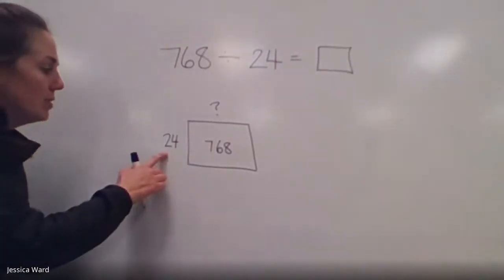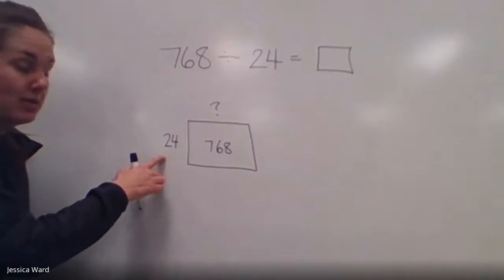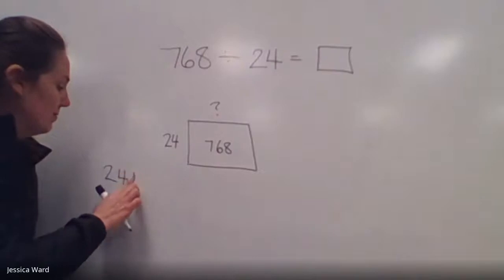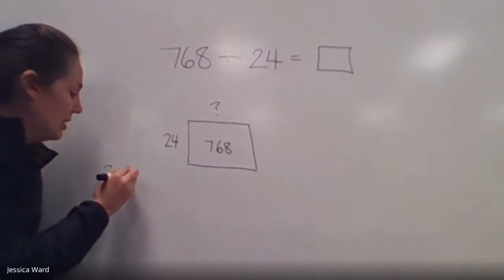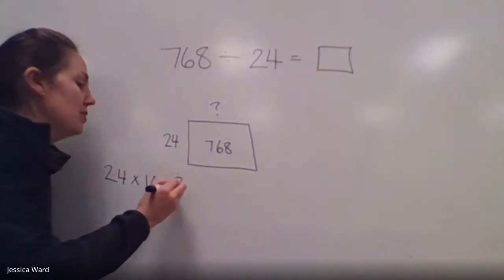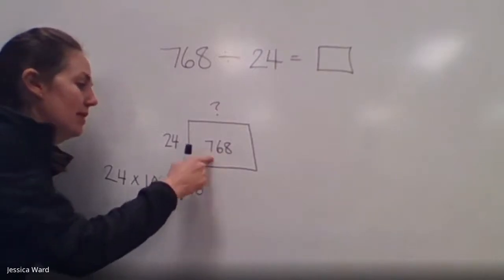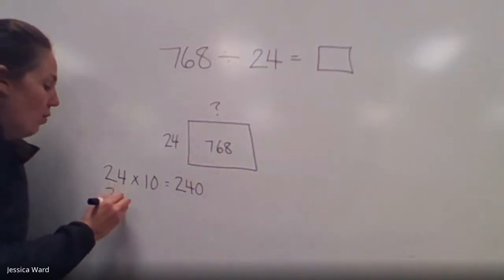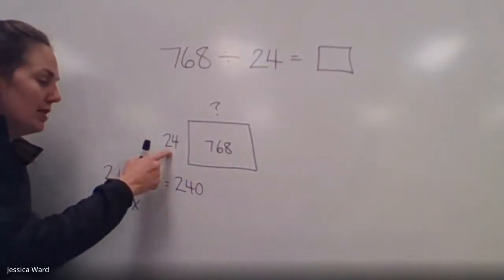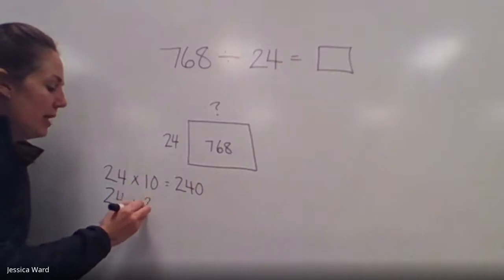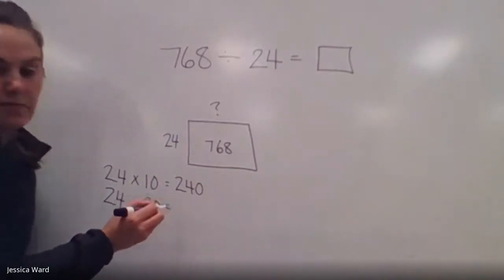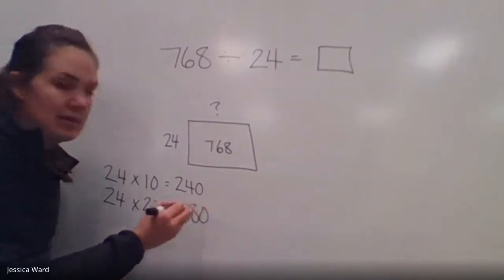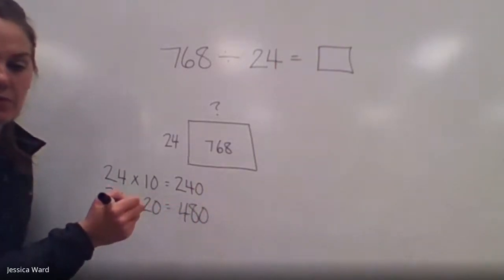So I'm going to use multiples of 10. 24 times 10 is going to be 240. That's too low, right? Now let's multiply 24 by 20. Well, that's going to be 480. That's still too low, but I'm getting closer.